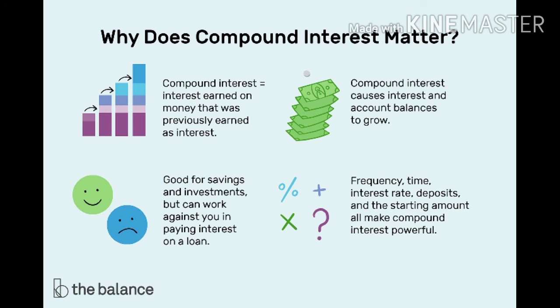If you leave your interest in the bank, it will keep growing, and you reinvest your interest and earn interest again. It is good for savings and investments but can work against you in paying interest on a loan. Frequency, time, interest rate, deposit, and the starting amount all make compound interest powerful. That is why compound interest matters.